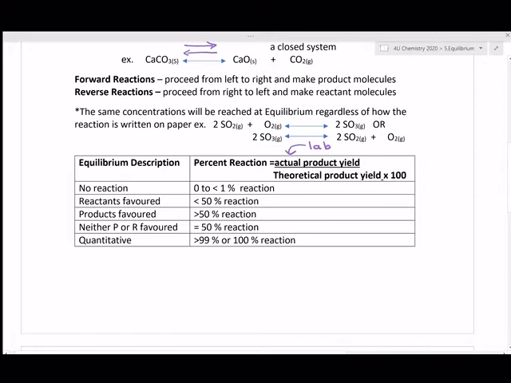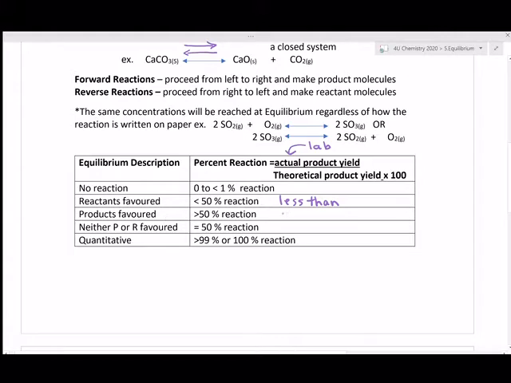So if you have no reaction happen at all, then your percent reaction is basically going to be 0. Nothing happened. If reactants are favored, then we're saying that this is a less than 50% reaction. So this is probably not desirable in a factory or lab situation because we usually want to get as much product as we can.